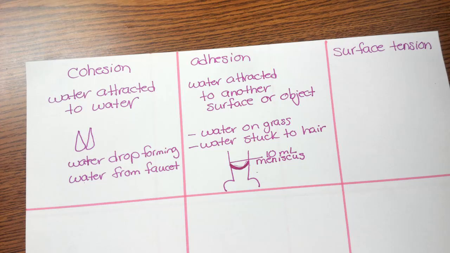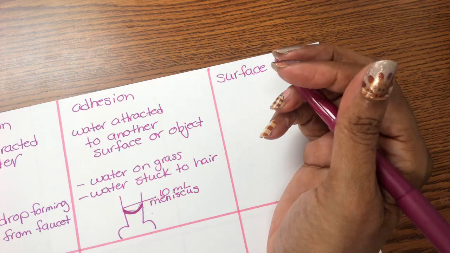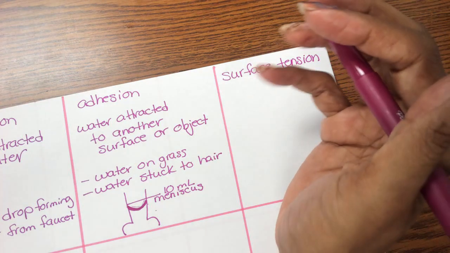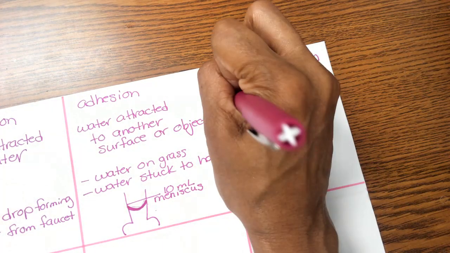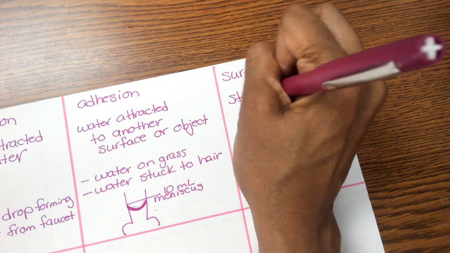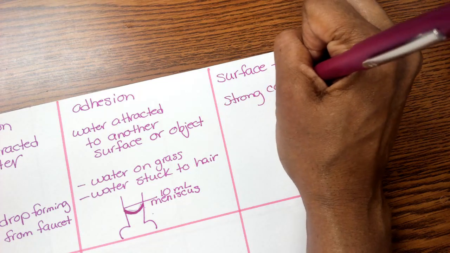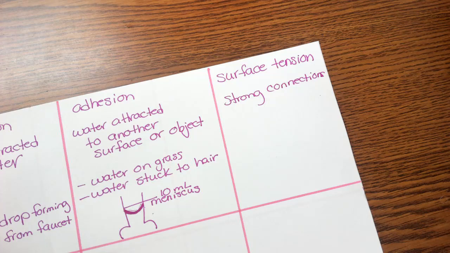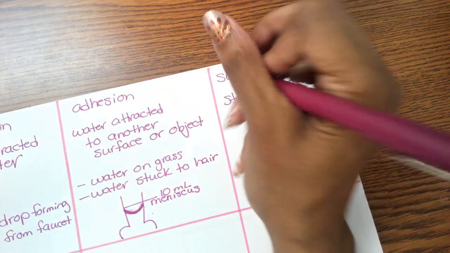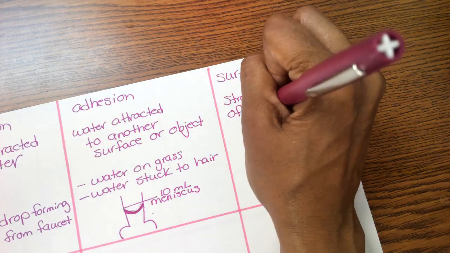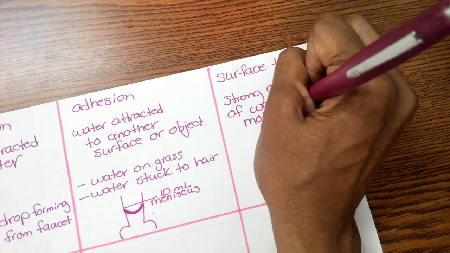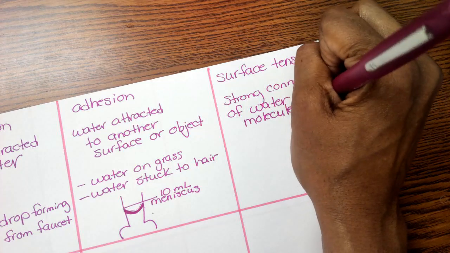Okay, and then lastly we had surface tension. Okay, so surface tension, we're just going to say strong connections of water molecules near the surface.